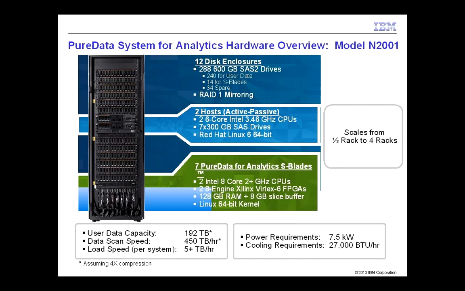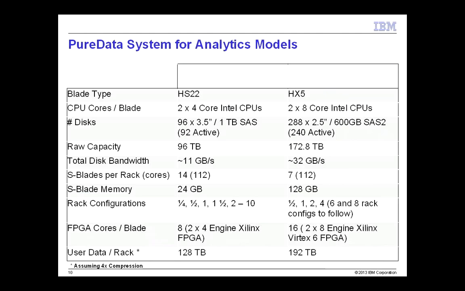That factor has been incorporated in N2001, and as a result, we get 3 times more disk throughput. There is another slide where it clearly mentions the difference, and we'll see that. And we have 240 active data slices in N2001, which is double the capacity.